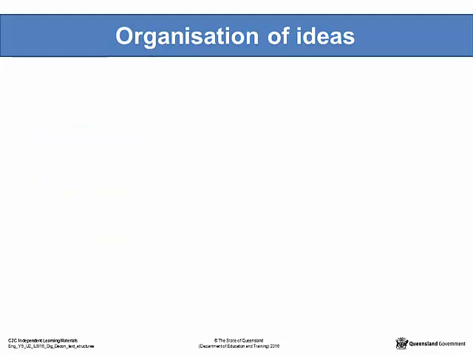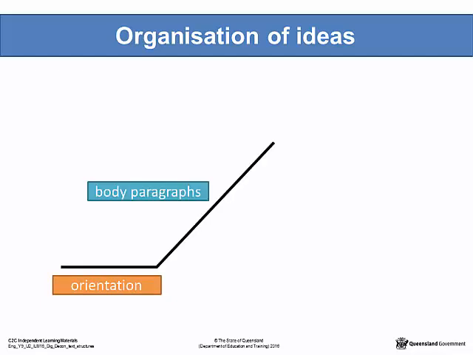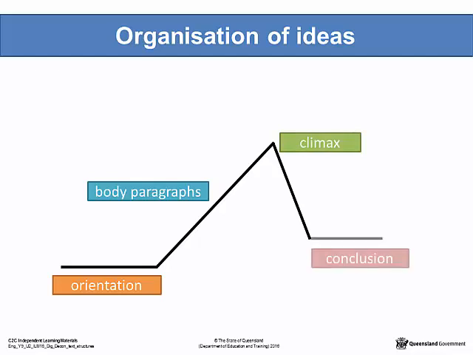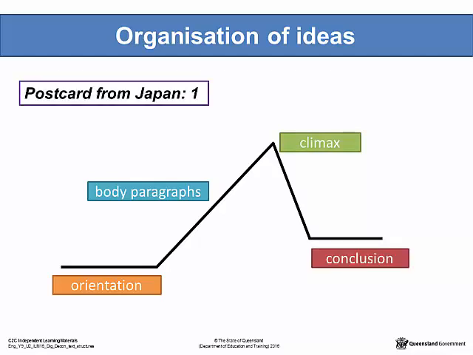We now know that a personal memoir shares the same structure as a narrative text. First, there's the orientation, the body paragraphs or complication, the climax, if applicable, and the conclusion or resolution. In Postcard from Japan 1, we are introduced to the event of visiting Japan from the perspective of inside the airplane, the orientation.